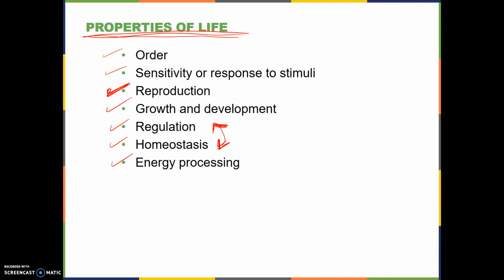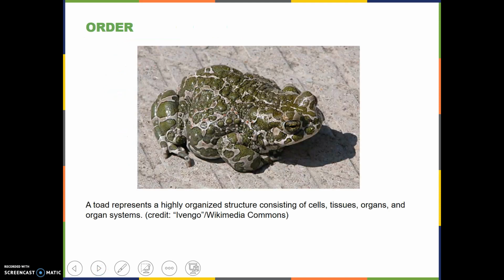Different living things do this in different ways. Plants carry out photosynthesis, and consumers, such as animals, carry out cellular respiration in their cells in order to convert the food that they eat into energy. So these are the different properties that living things have.